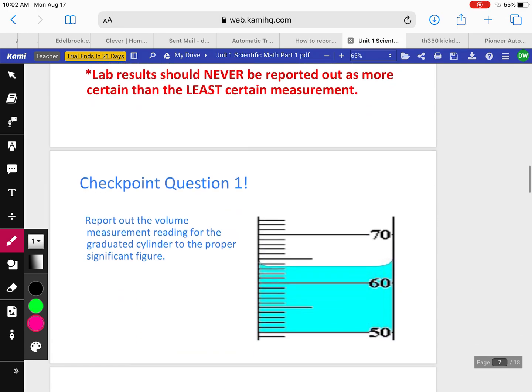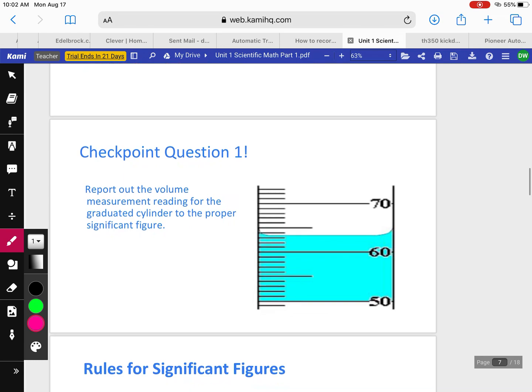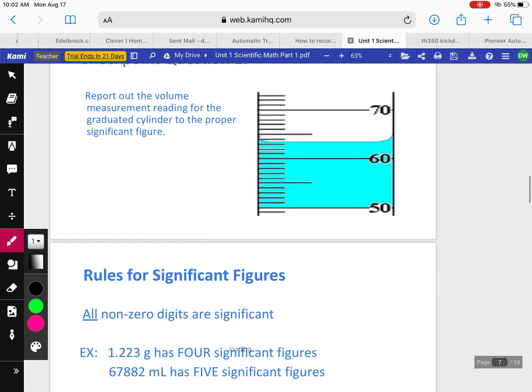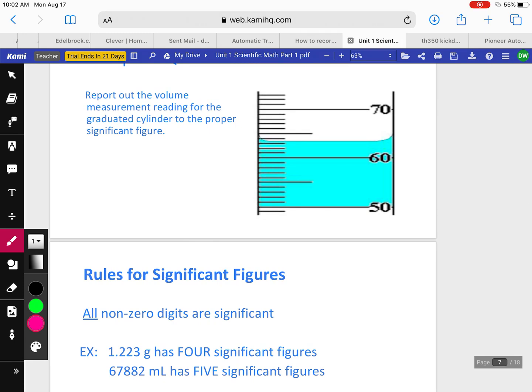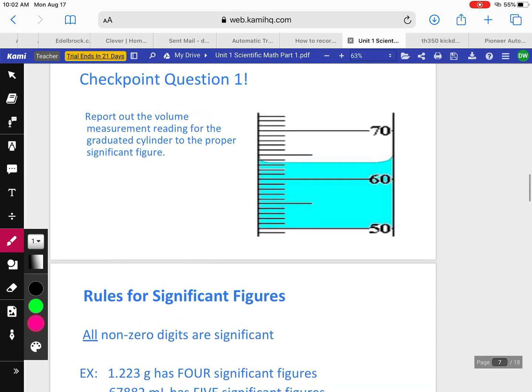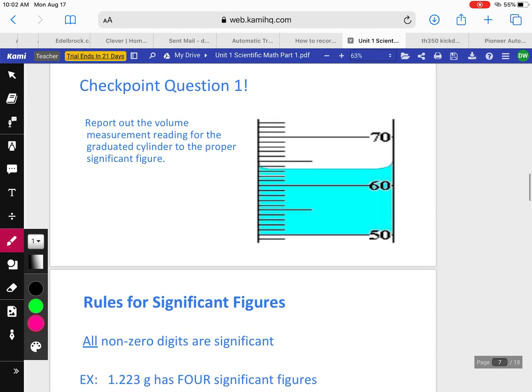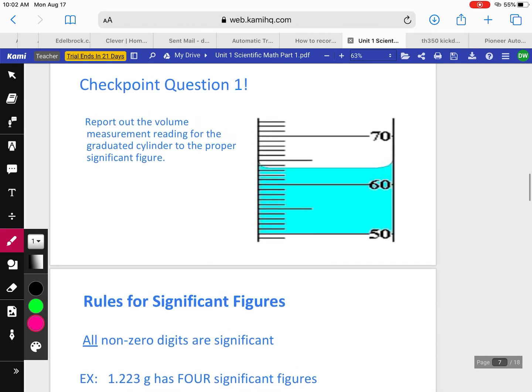So let's go ahead and look at this volume measurement here. We've got another graduated cylinder, and this one is magnified a little bit, so you can see what's going on here. Let's look at what this volume is, and I want you to write this in your notes also. So here's 60, here's 70.